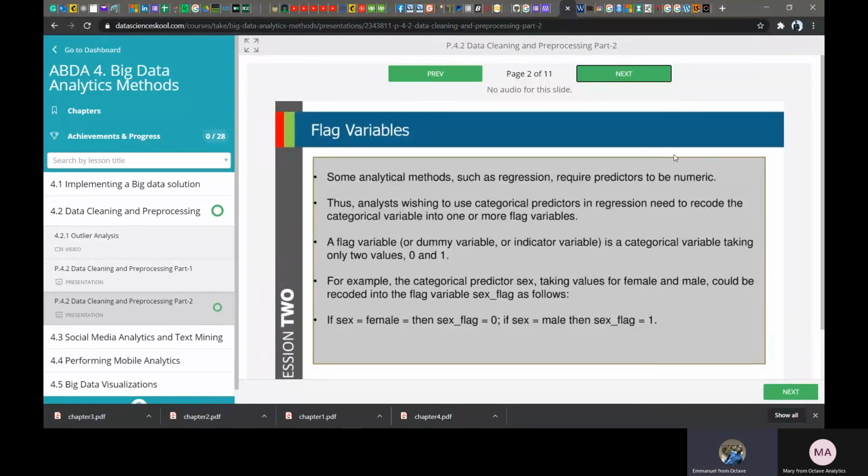For example, the categorical predictor sex, taking values female and male, would be encoded into flag variable sex flag as follows. If sex is female, then sex flag should be 0. If sex is male, sex flag should be 1. So you have to encode your variables into numerical variables, called flag variables or dummy variables, as zeros and ones.